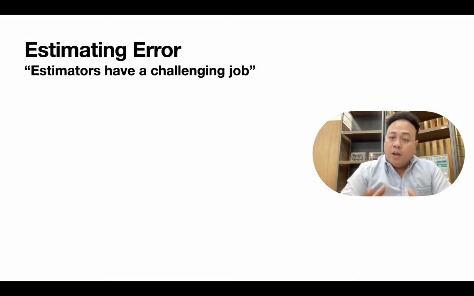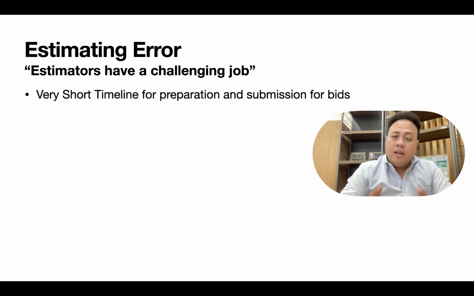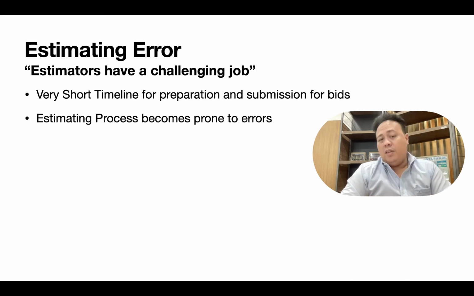Usually when a project is over budget, the first team they blame is the tendering or the finance team. We should understand that the tendering team or the costing team has a very short timeline for preparation and submission of the bids. So usually they get information that is short and incomplete, and it causes a lot of errors.